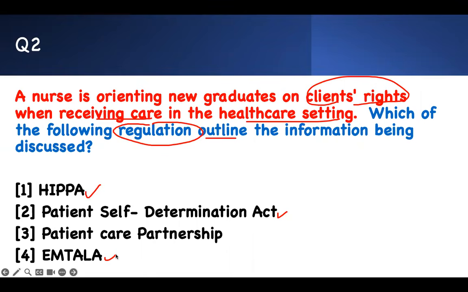The Patient Care Partnership is the document they give you. It outlines your rights while you're receiving care. So the patient who shows up in the hospital is designed to receive Patient Care Partnership information, which is the document that regulates your rights when you're receiving care. So it's this one.